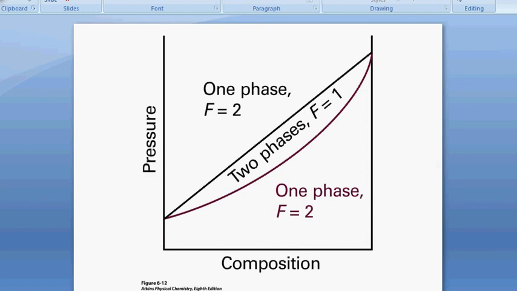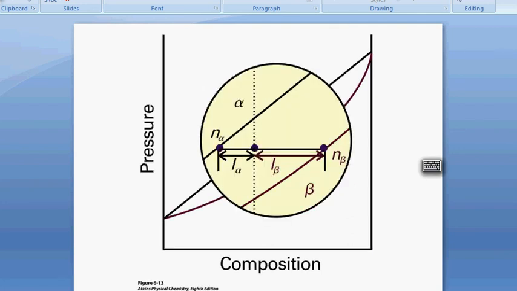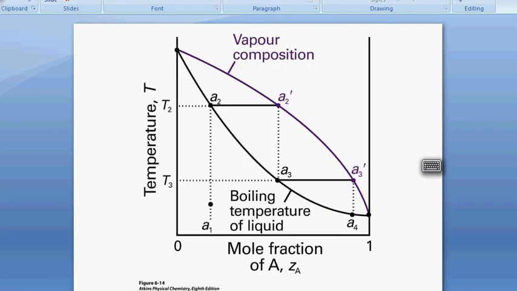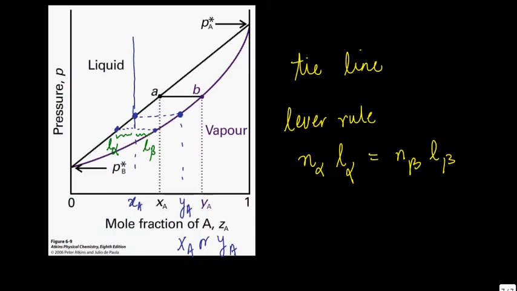So this already assumes that temperature is being held constant. That's why it says degrees of freedom is 2. Okay, that explains the lever rule, and that's the next one. We'll go to that one in a short while.